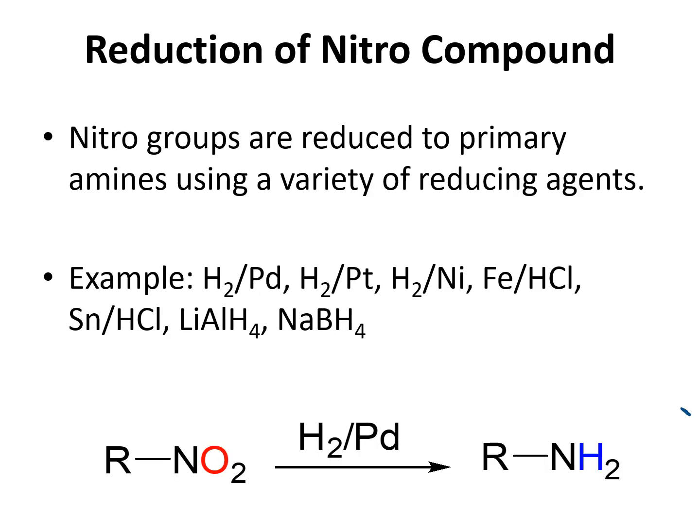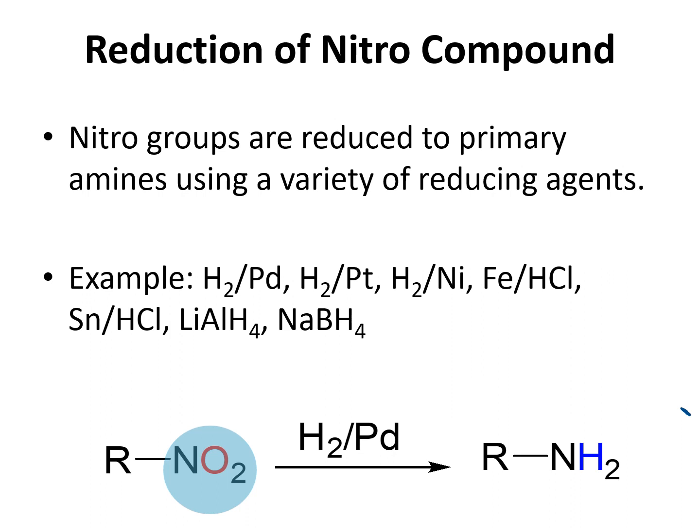So, for example, if you have a nitro group, it can be reduced by a variety of reducing agents. Among the reducing agents that we have learned before are hydrogen with palladium, hydrogen with platinum, hydrogen with nickel, iron with HCl, tin with HCl, lithium aluminum hydride, or sodium borohydride.